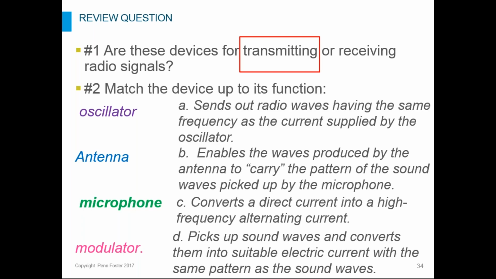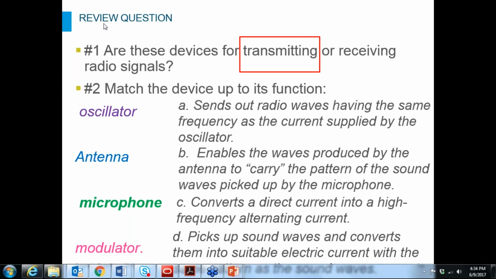And our second question, number 2, match those devices up to their functions. So I'll give you a little bit longer to think about these because it's kind of a lot to read and I can read them out loud. So which one of these does each of these functions? A, which one sends out radio waves having the same frequency as the current supplied by the oscillator?